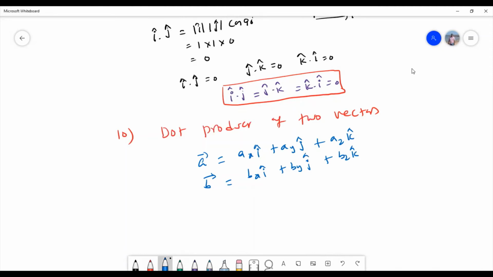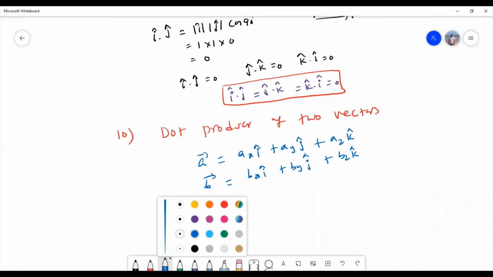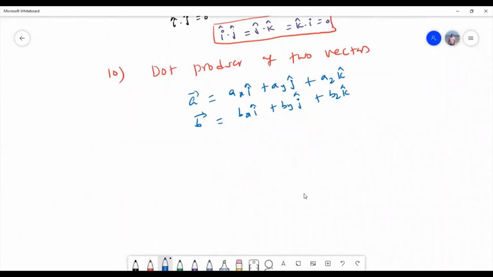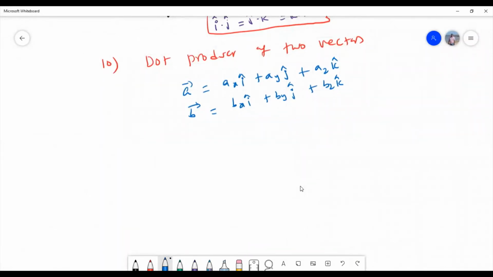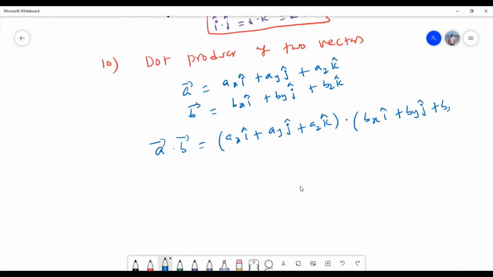Now I want to find out what is A bar dot B bar, a very simple multiplication. So let's write A bar dot B bar is equal to, so what is A bar given? Write down here AX I cap plus AY J cap plus AZ K cap dot, same way BX I cap plus BY J cap plus BZ K cap.